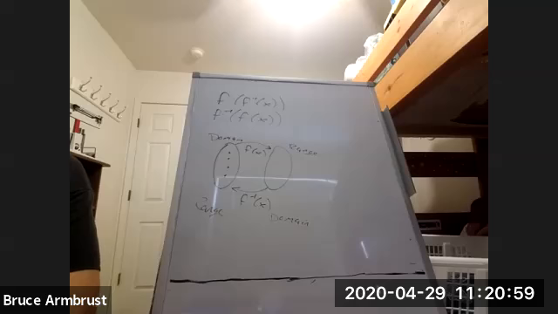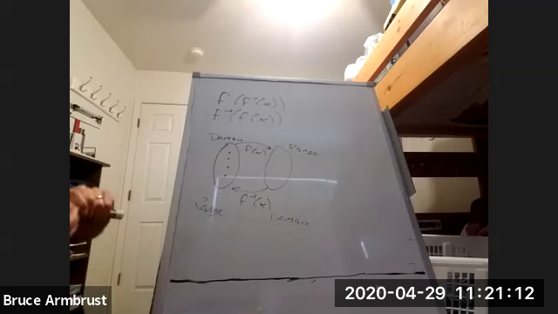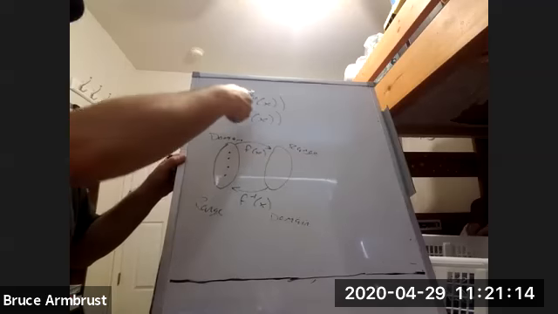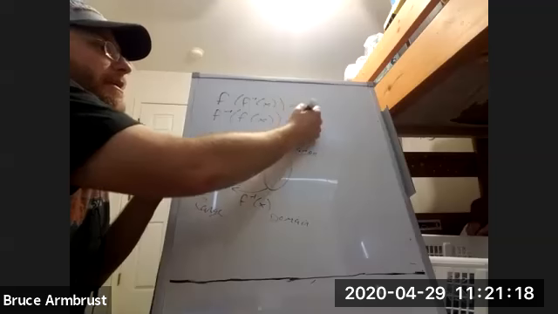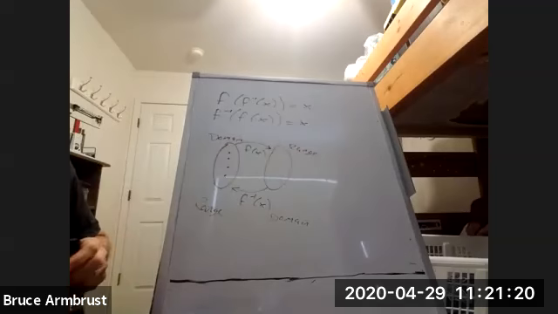Does anybody remember what happens with those? All right, so Amber just said they undo each other. That is definitely true. What that means with both of these is that what we get is x.